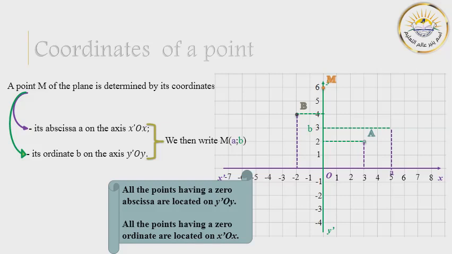It's located on the y prime OY. For example, the ordinate is 6. If M has ordinate 0, it's located on the abscissa axis, for example -7 as abscissa, or for example 8.